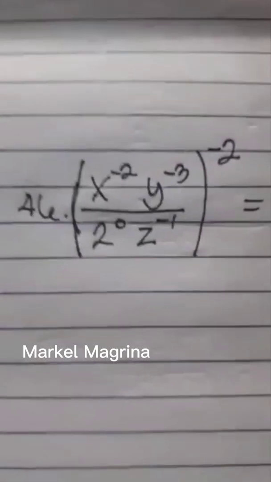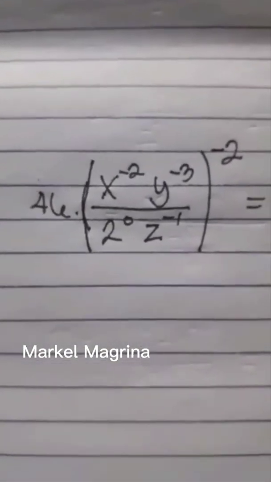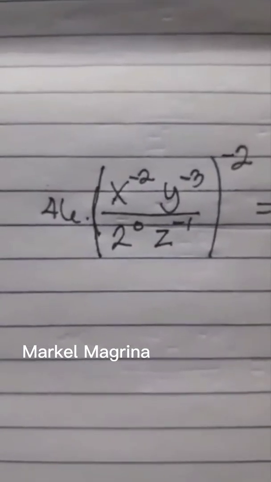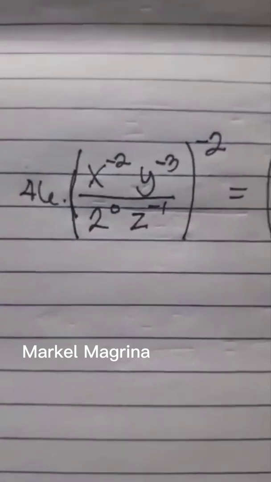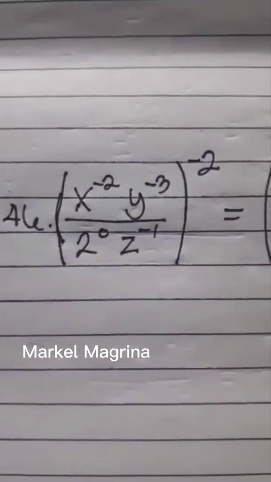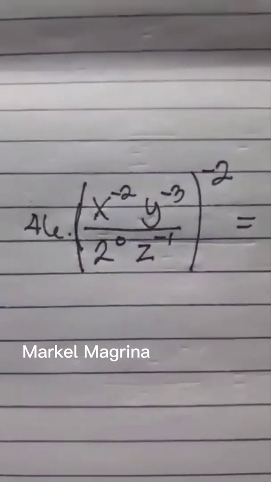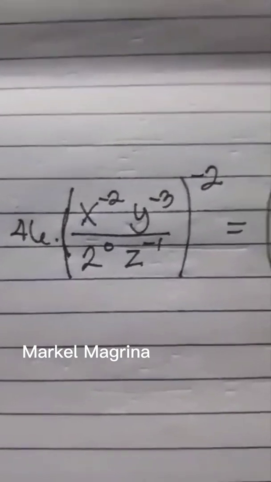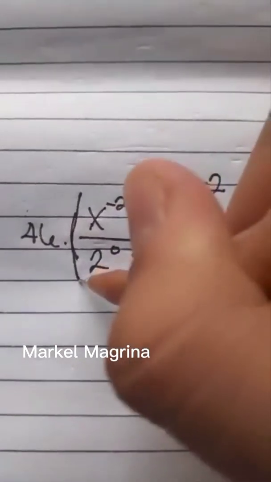Number 46. The equation is quantity x to the power of negative 2, y to the power of negative 3 over 2 to the power of 0, z to the power of negative 1, quantity to the power of negative 2. So, first, cancel out 2 to the power of 0.